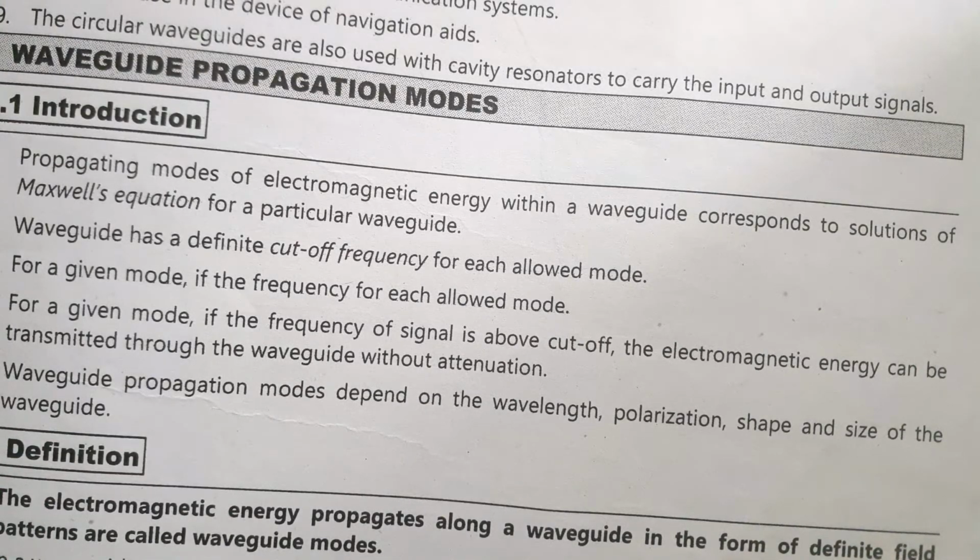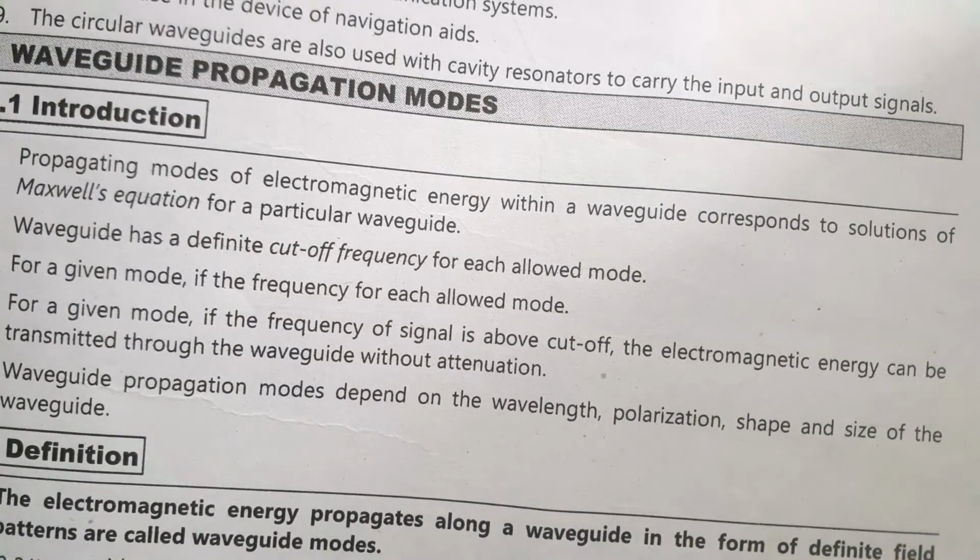For a given mode, if the frequency of the signal is above cutoff, the electromagnetic energy can be transmitted through the waveguide without attenuation. Then waveguide propagation mode depends on the wavelength, frequency, polarization, shape and size of the waveguide.